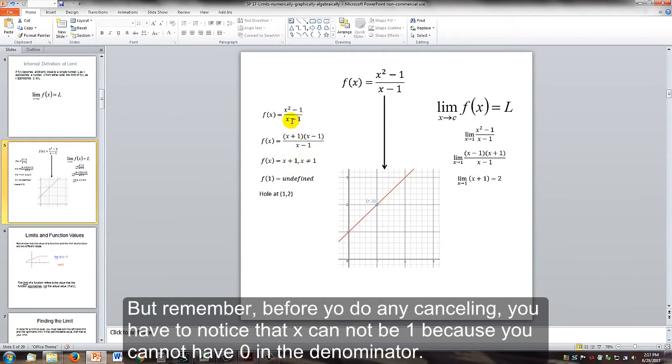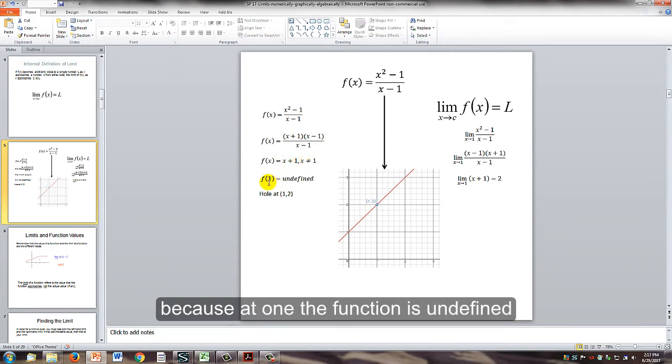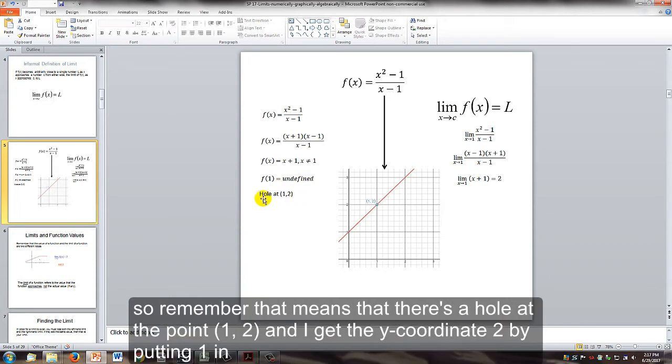before you do any canceling, you have to notice that x cannot be 1 because you can't have 1 in the denominator. So this function is equivalent to f of x equals x plus 1, except x can never be 1 because at 1 the function is undefined. So remember, that means that there's a hole at the point 1, 2.